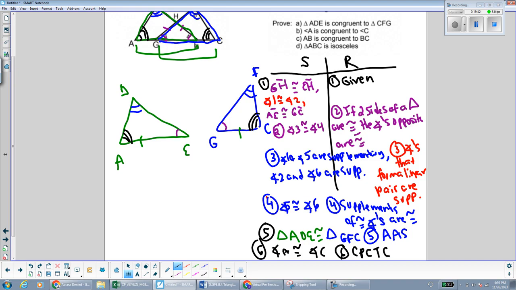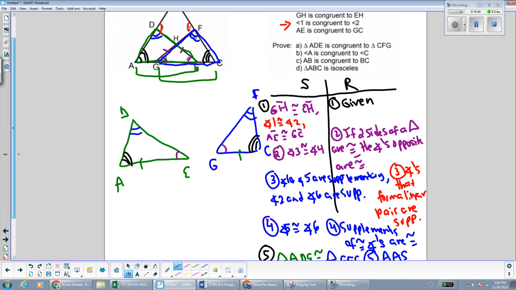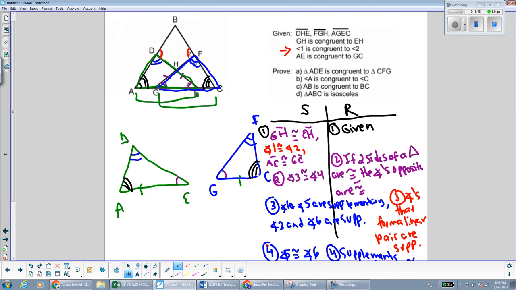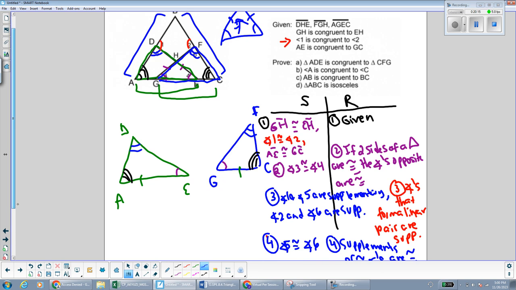And then we need to next prove that AB is congruent to BC. So that's back to the original big triangle. So now that we just proved that angle A is congruent to angle C, remember if a triangle has two congruent angles, the sides opposite from those angles also have to be congruent. So since the base angles are congruent of this big triangle ABC, the sides AB and BC also need to be congruent as well.